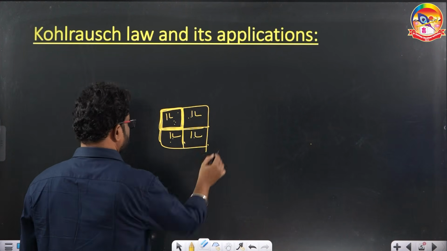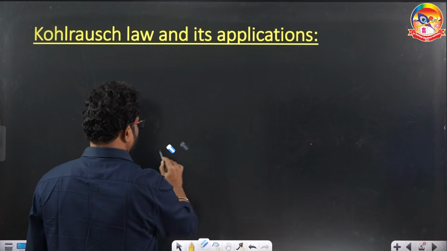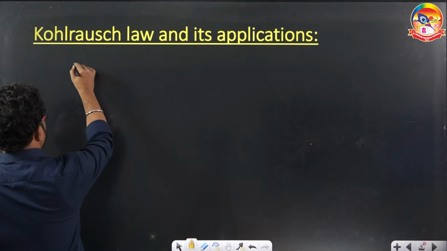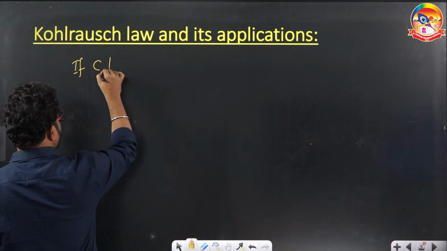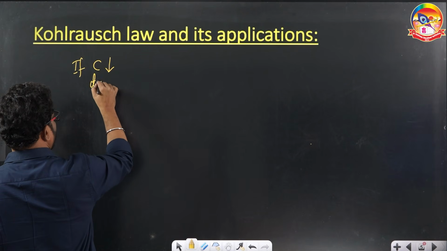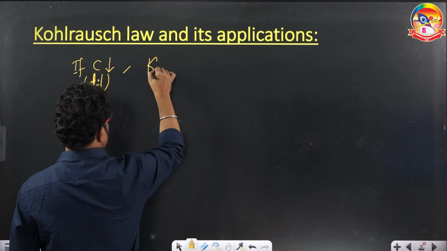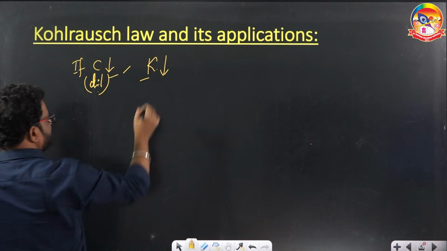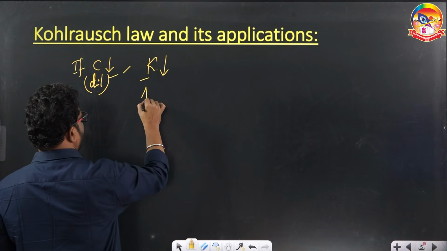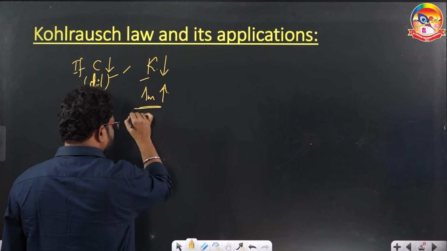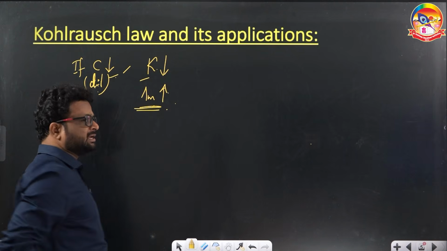So that is the case of dilution. So finally, if concentration decreases with dilution, as concentration decreases, K value decreases. That means C is directly proportional to K, and lambda m increases. Yes, it increases with dilution. How far it will increase?